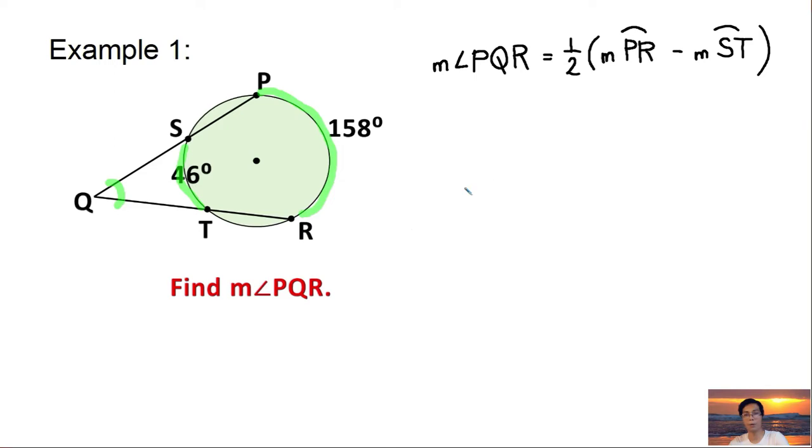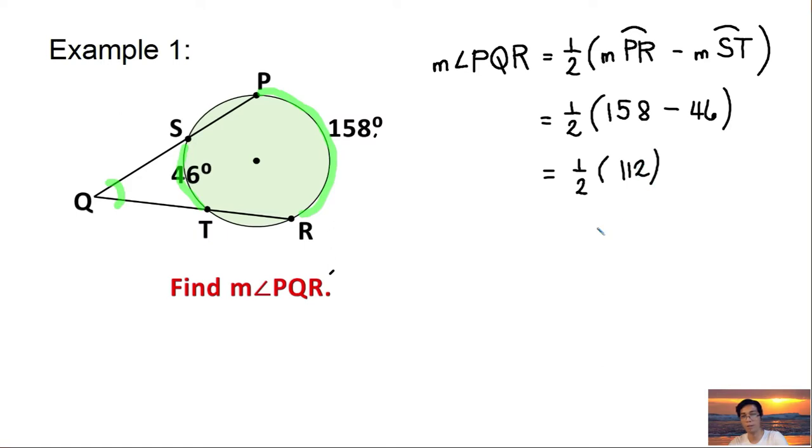So, nawawala po is measure of angle PQR. So, this is equal now to 1/2 times the quantity. Ano po ang measure ni arc PR? Measure natin is 158 degrees. So, 158 minus, si ST naman is equal to 46. So, 1/2 times quantity, 158 minus 46. So, unahin natin yung nasa loob ng parenthesis. 158 minus 46 is equal to 112.